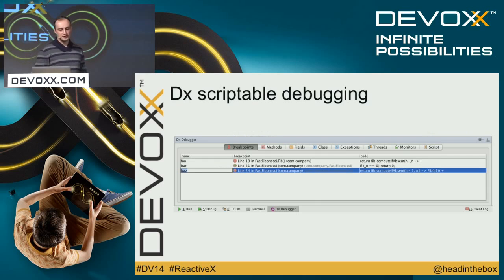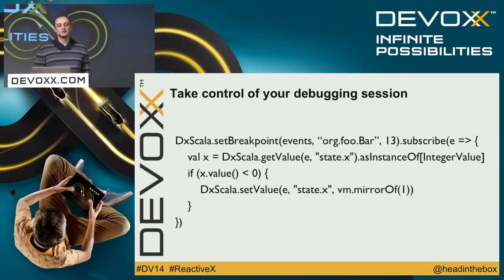So what I'm doing is creating a scriptable debugging plugin and API. This is just a front end in IntelliJ, and the essence is that you can basically script debug sessions. This is a small code snippet. For example, you can set a breakpoint, and this event is an event source of the program that you are running, say in a class foobar, on line 13.